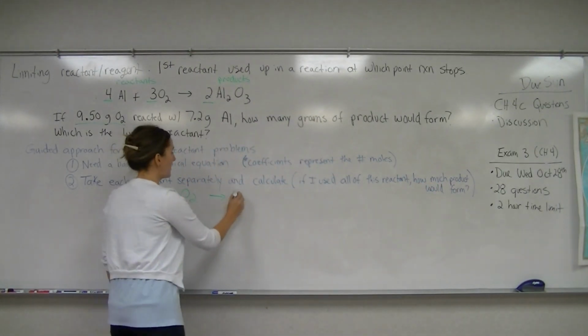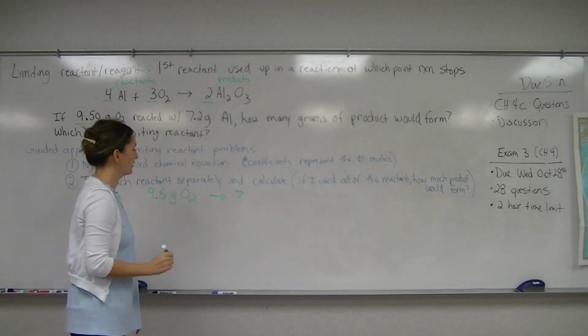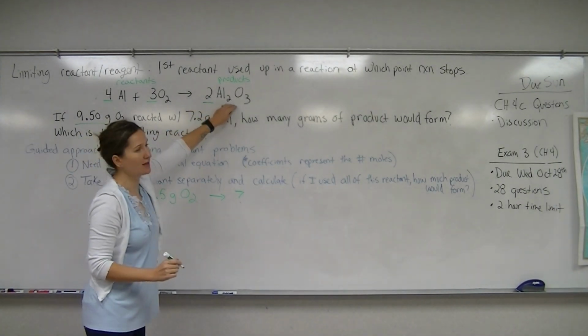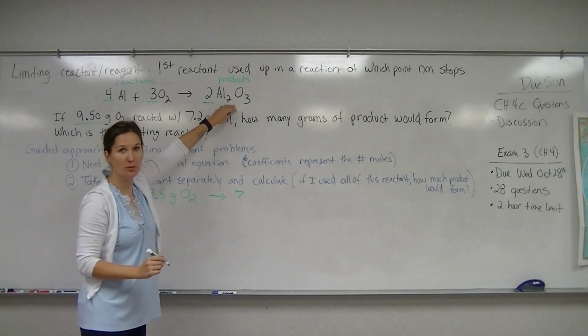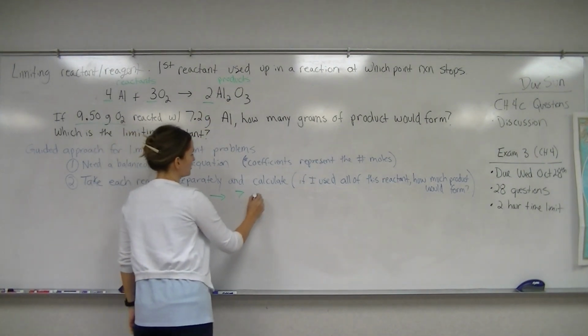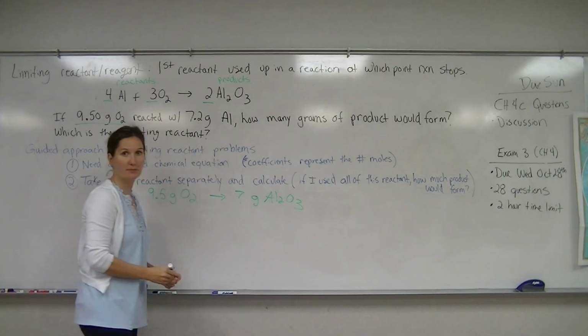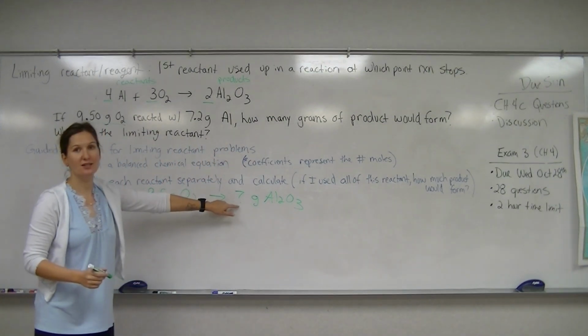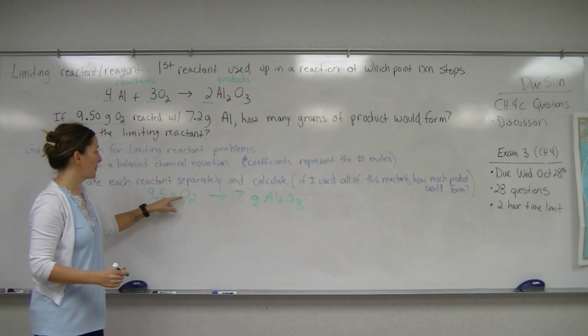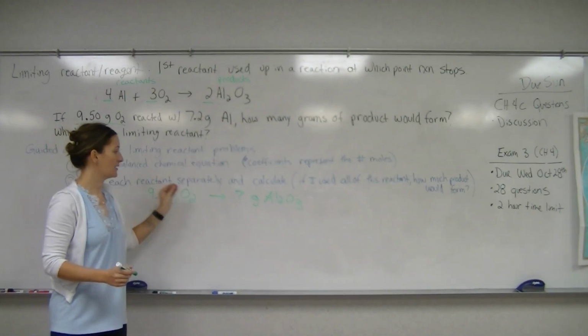The product, in this case, is aluminum oxide. So how much aluminum oxide would form? This is what I'm trying to solve for. I'm going from oxygen, using all of that, how much product?